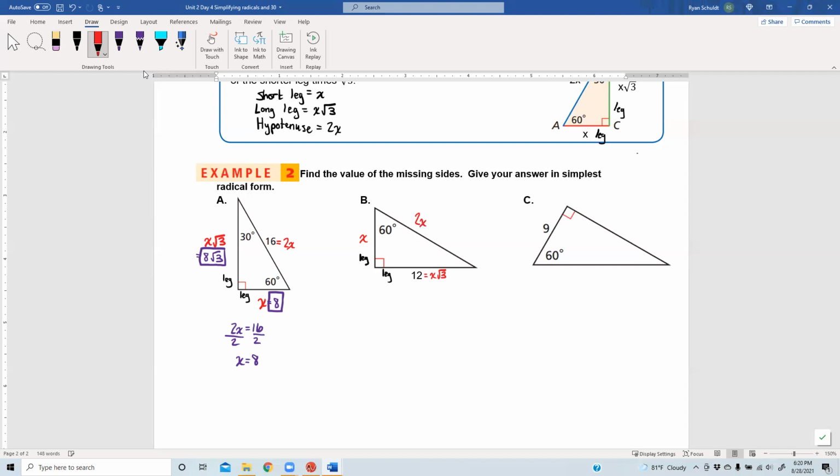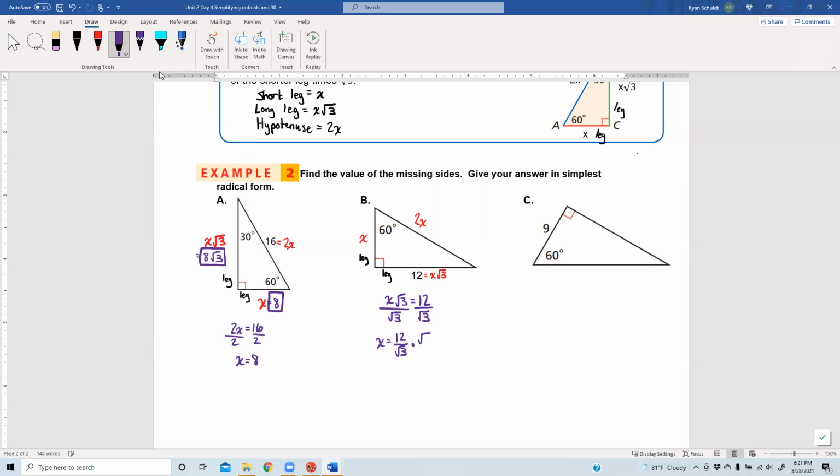And yes, you saw me put the equal sign. That's because I have an equation. x square roots of 3 must equal 12. So divide by the square root of 3. That means x is 12 over the square root of 3. But we're not proper, like we talked about on the front. We got to be proper.